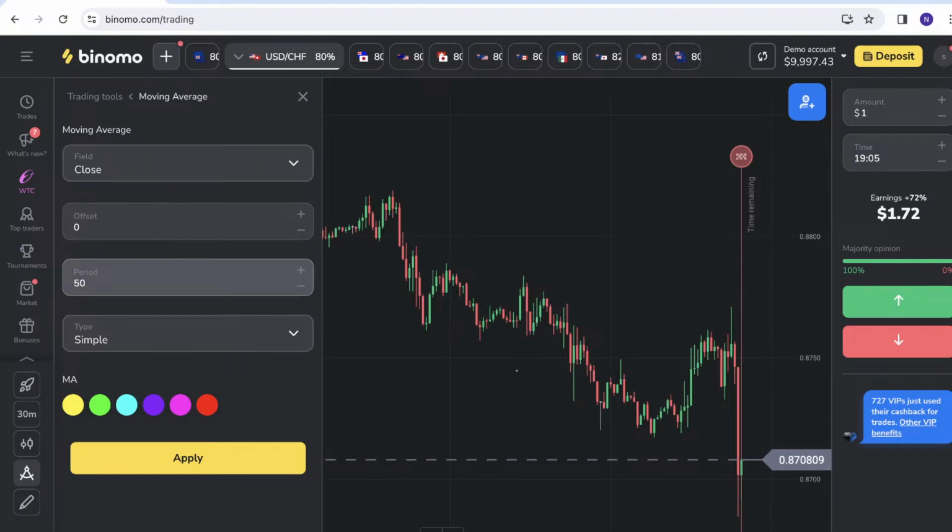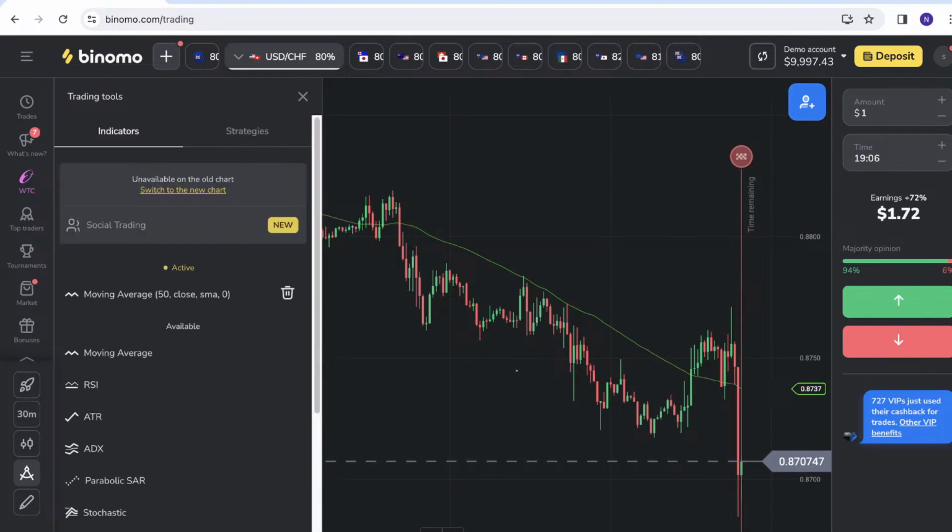For using moving average as support or resistance lines, we need to add three different simple moving averages in different periods. At first, let me add these indicators to the graph. I will choose simple moving average with a 50 period. This will be my first moving average. I added it.